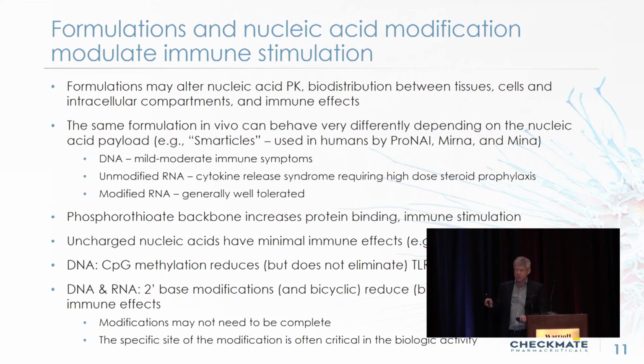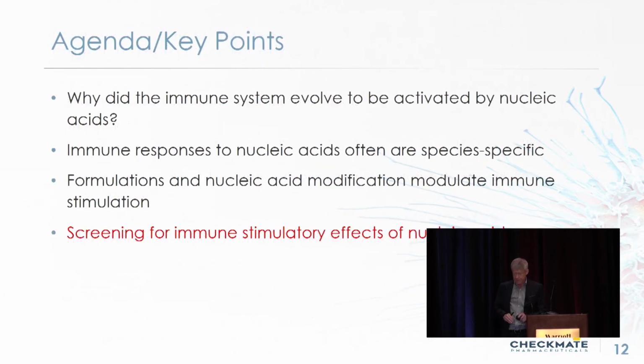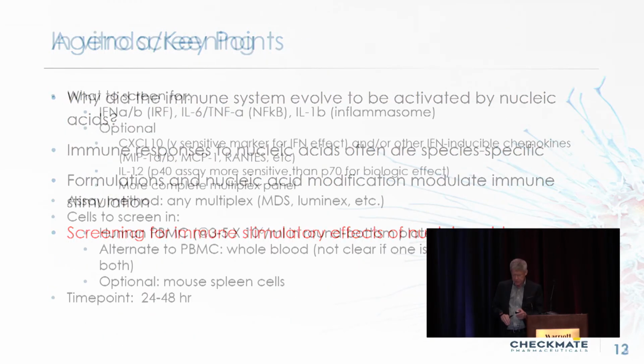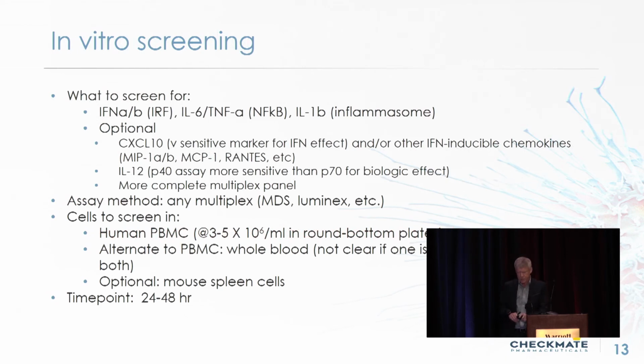And this is something that I think everyone doing these kinds of experiments has discovered. I don't know of any ways to predict how those effects are going to occur. And so the only way you can really find it is to just make a lot of oligos and screen them.